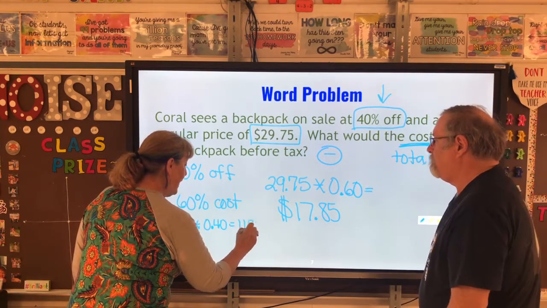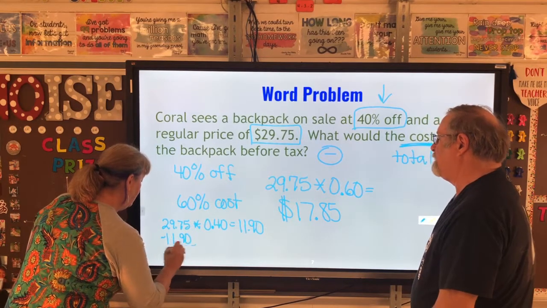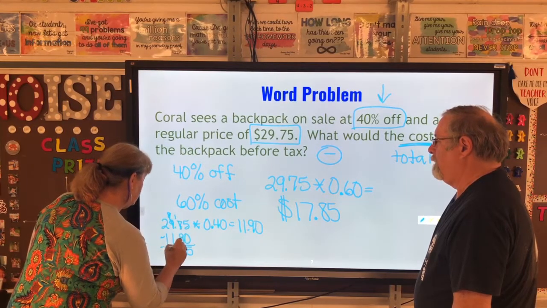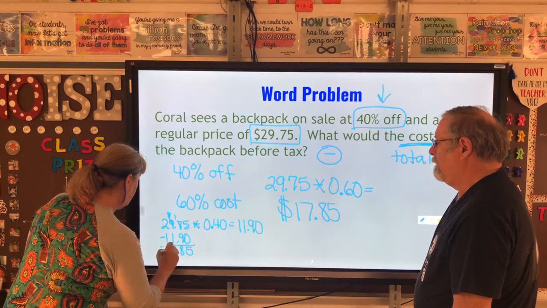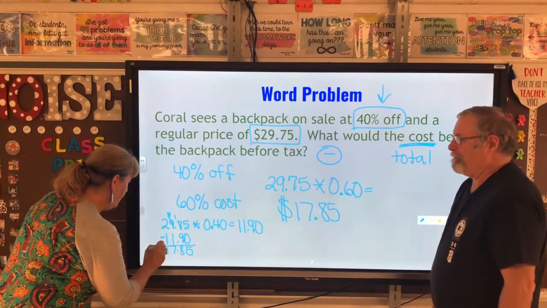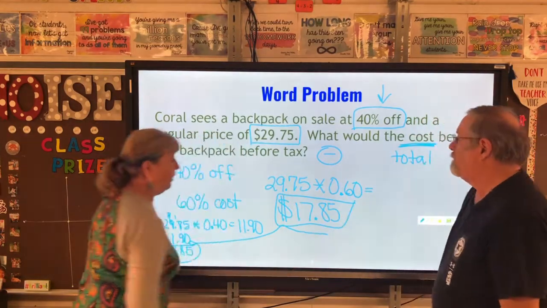So that's what I saved, and then minus 11.90. I can see it's going to work. $17.85. See, I made her do the math. Look, our answer came out to the penny. Yep, there you go. Cool.